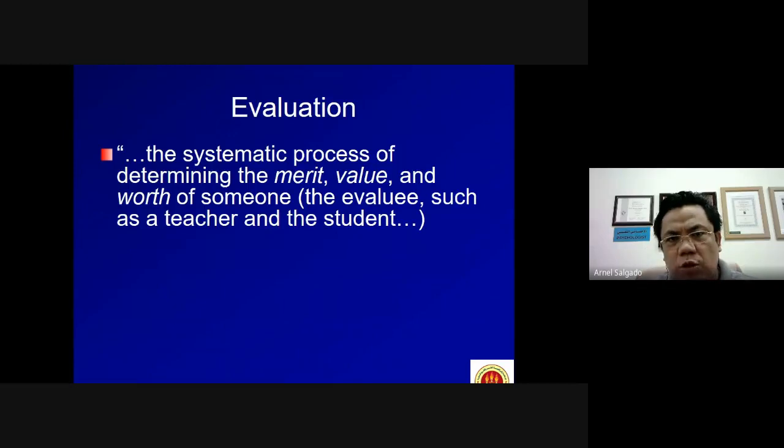Evaluation is to look for the value, the merit and worth of someone, how much this knowledge has been integrated into you. So that's the meaning of evaluation. It will be more holistic. So the evaluee, such as a teacher and a student, can actually be assessed in the end. We have to look at your overall performance.